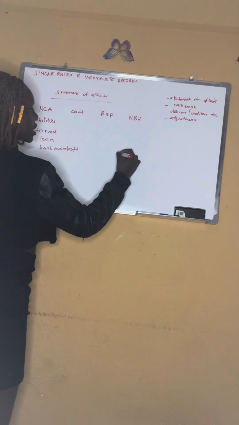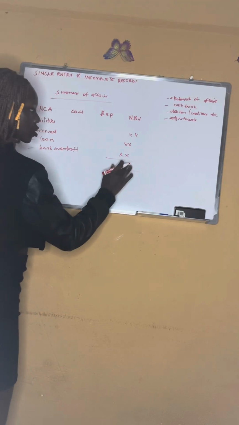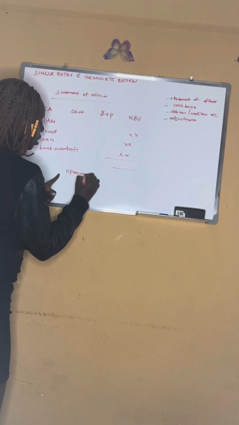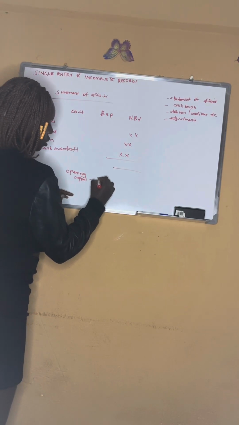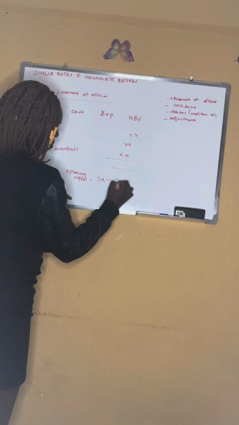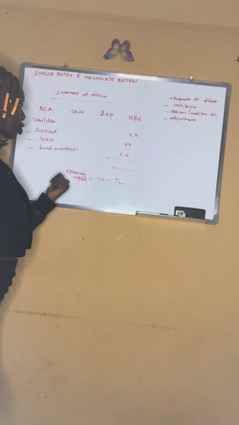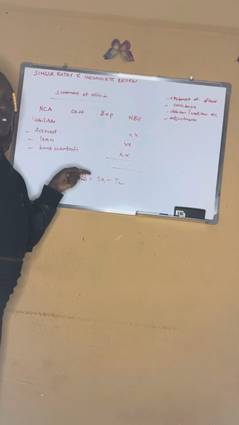You record your digits, your amounts. You get the total. So your opening capital is total assets minus total liability. That's opening capital. In case you're given opening capital, that means you're not supposed to do the statement of affairs.